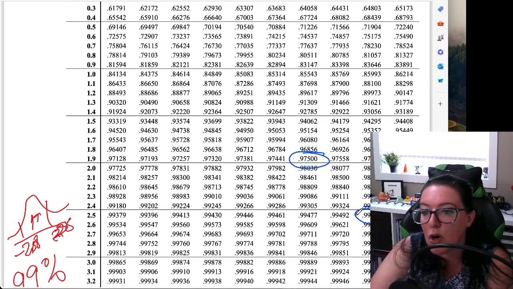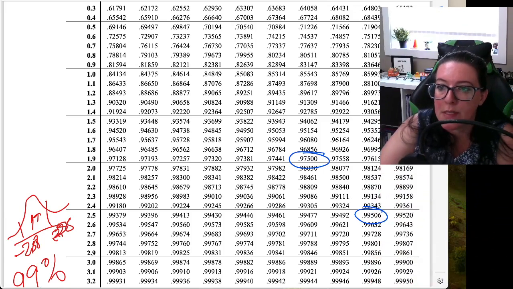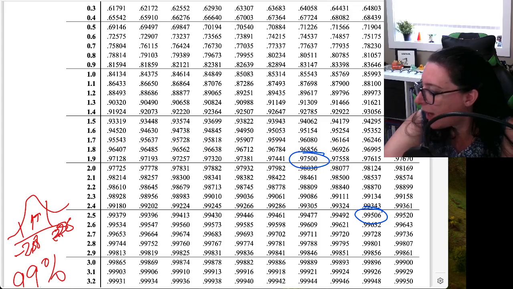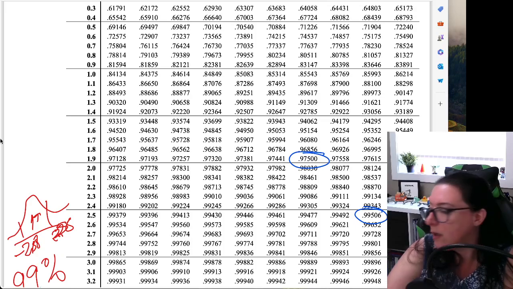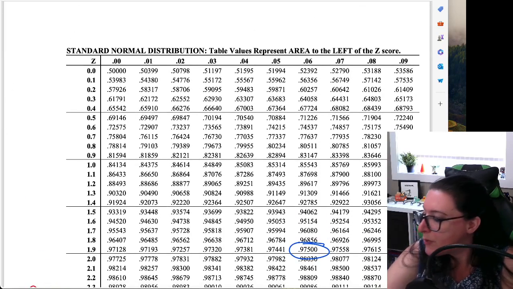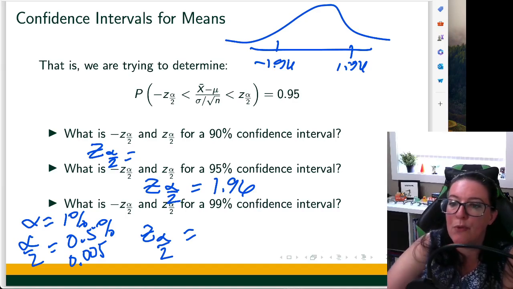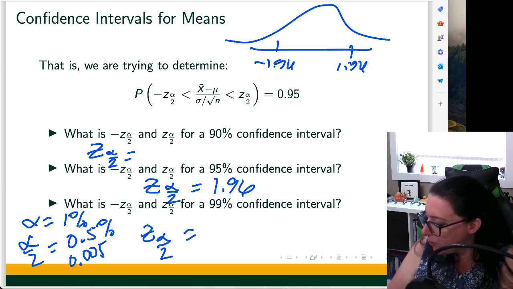And in fact, you'll recall we found this previously: 0.99506. That leaves 0.005 in the wing, and that goes with 2.5, and I'm going to move my face back down, it goes with 2.58. So z alpha divided by 2 for a 99% confidence interval is going to be 2.58.